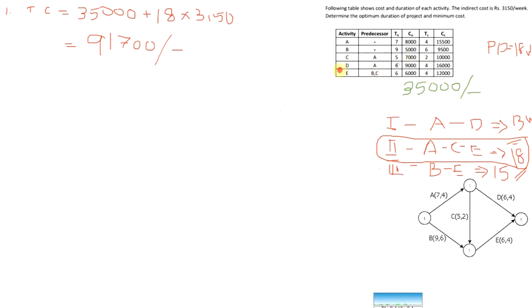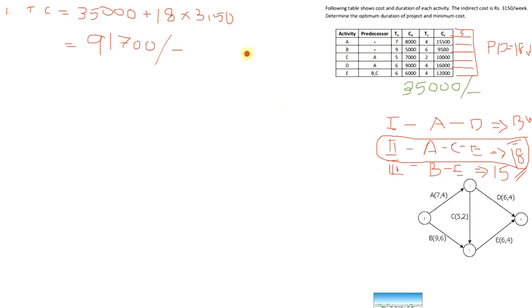Now we will start crashing. For that, we have to find out another value, that is the slope of each activity, slope S. So how to find out slope?